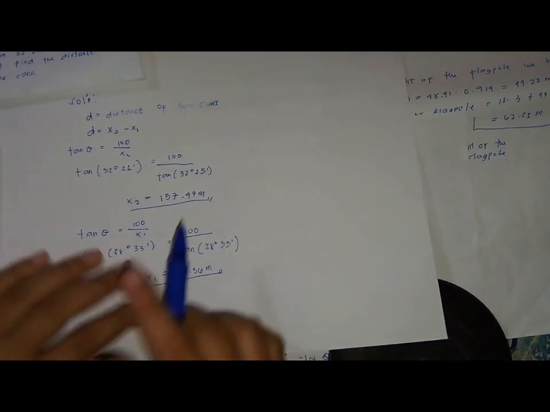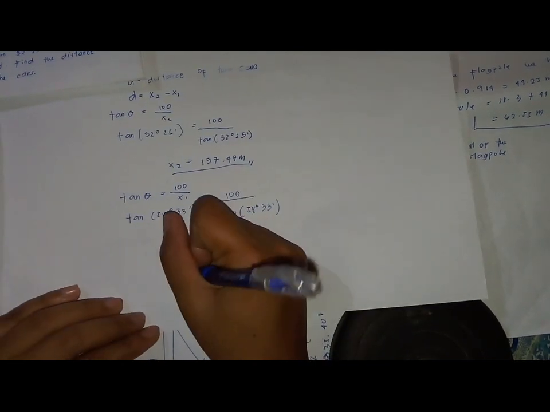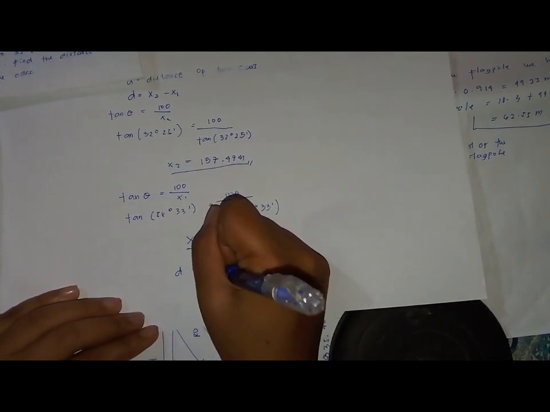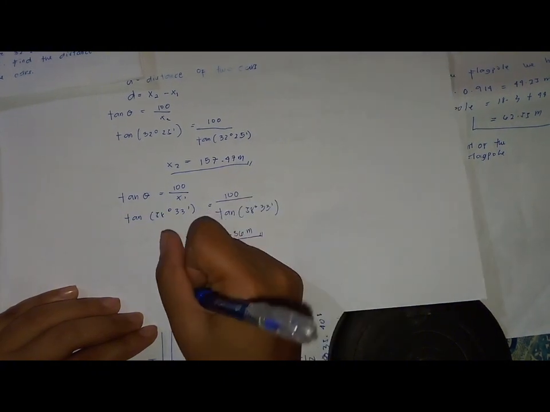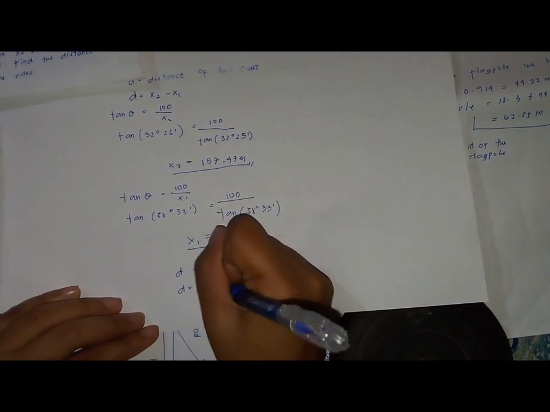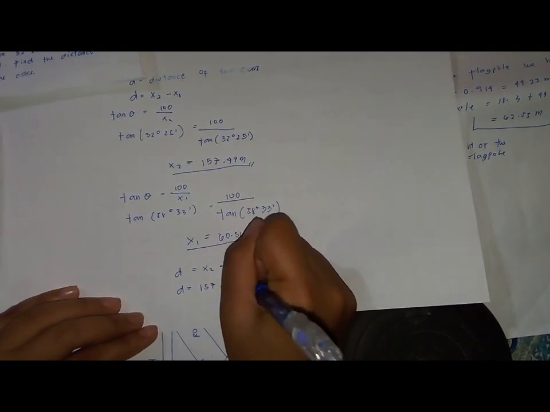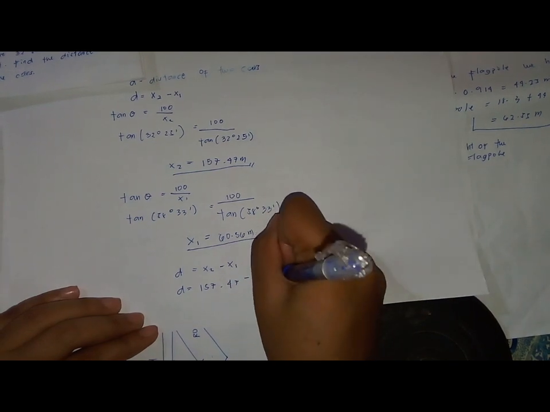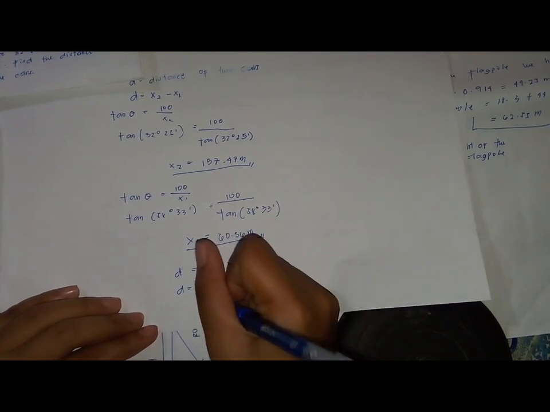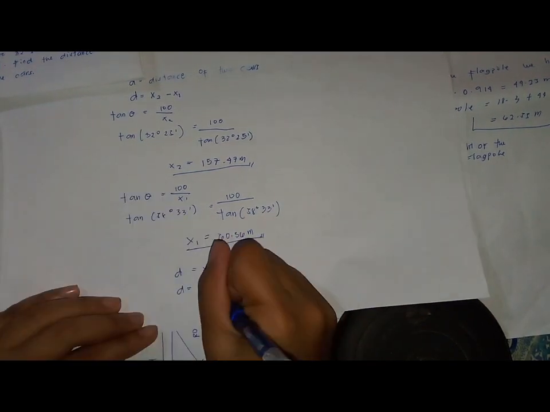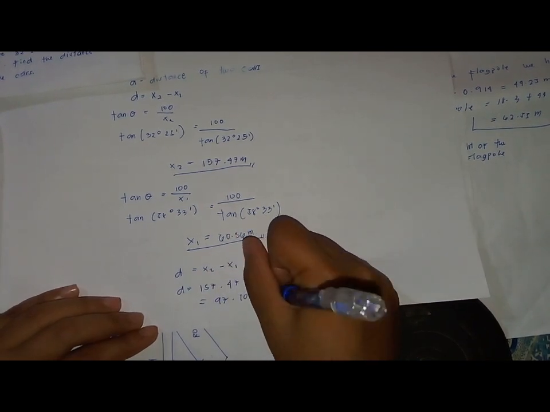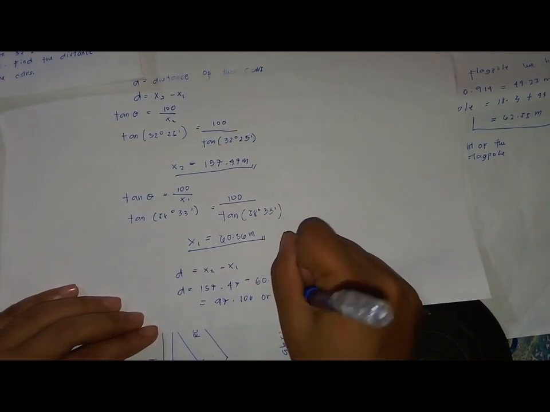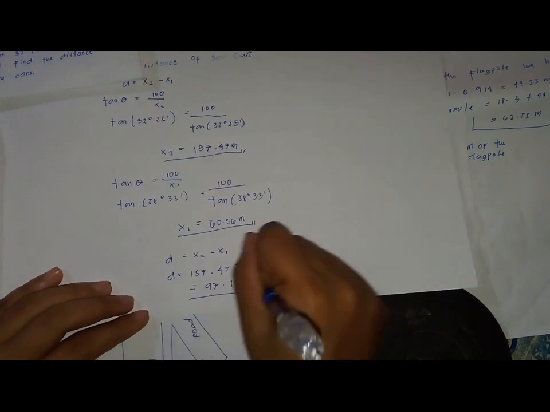So D equals x sub 2 minus x sub 1. D equals 157.47 minus 60.36, which equals 97.106, or 97.11 meters.